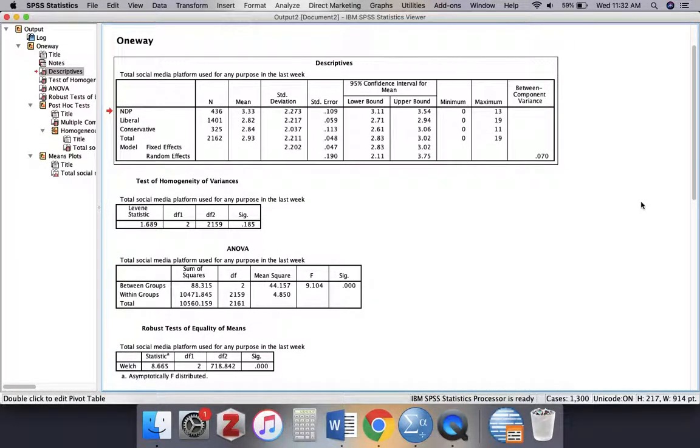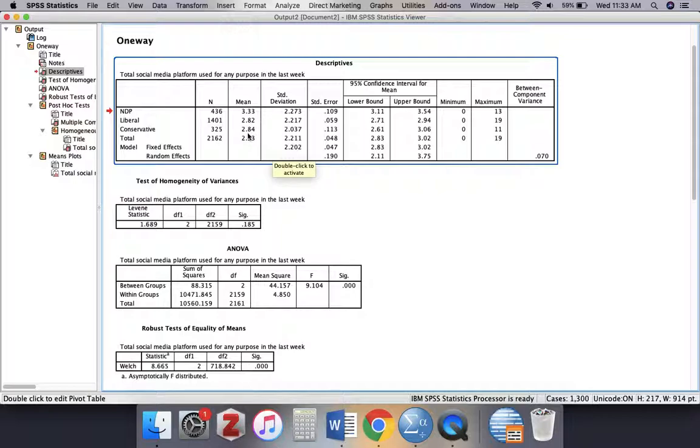So this first box are the descriptive statistics, okay? We're really only interested in looking at this stuff right here. As we can see how many people responded and were each political affiliation, how many were in each group, okay? So there's a lot more in the liberal group. And then we have the means on the DV for each group.